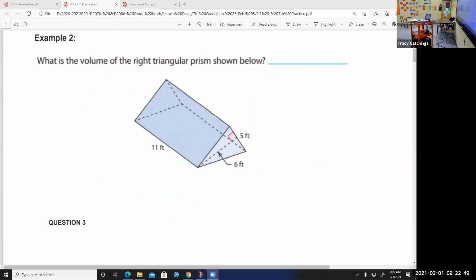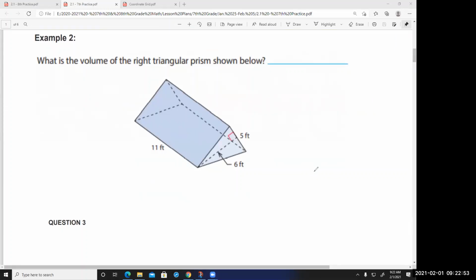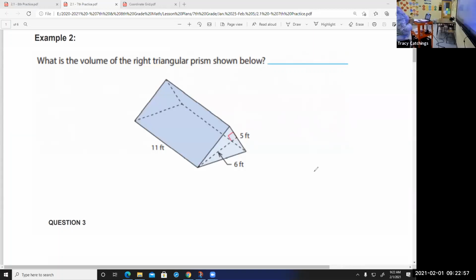All right, somebody read example 2 to us. What is the volume of the right triangular prism shown below? Good job. Once again, they gave us another triangular prism. I always start with my formula, meaning I'm always writing it down first. Recognize I got a triangle, so I got the same formula as example 1.